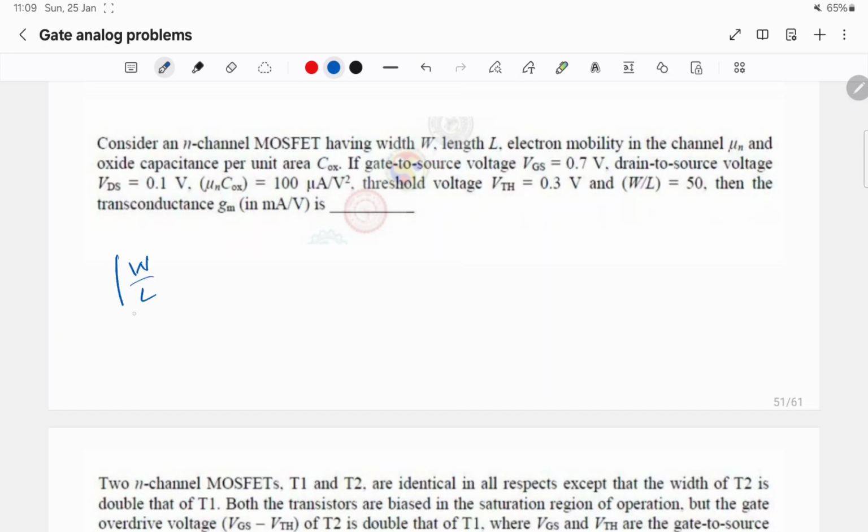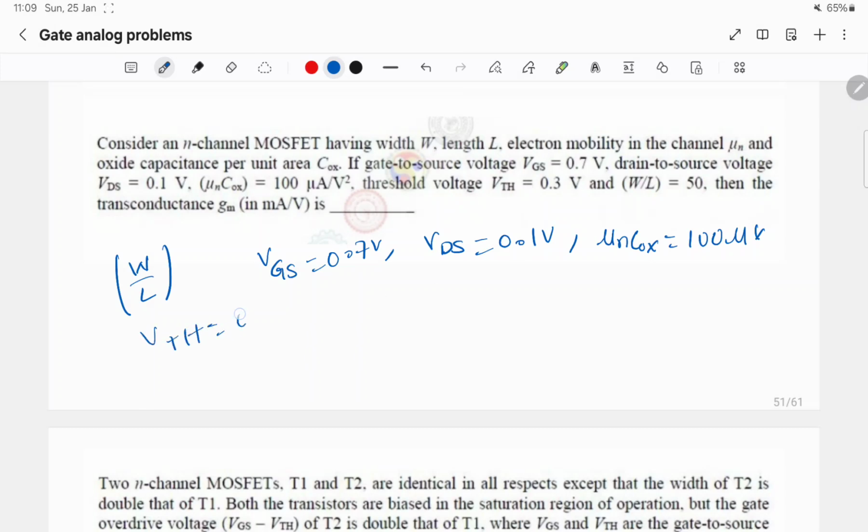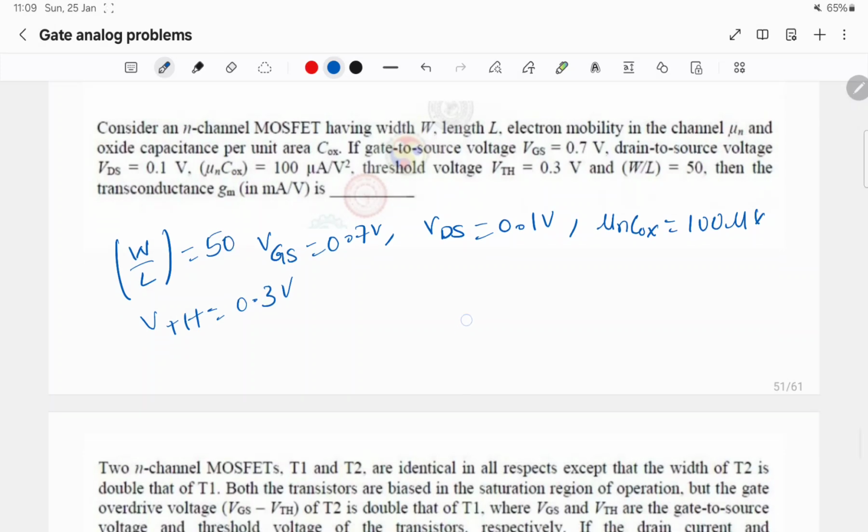And then in the next question, MOSFET W/L is given. VGS is 0.7 volts, VDS is 0.1 volt, mu1 Cox is 100 micro, VTH is 0.3 volts, W/L is 50.